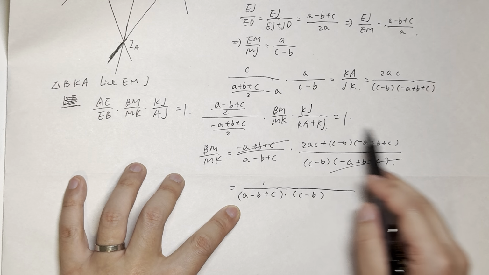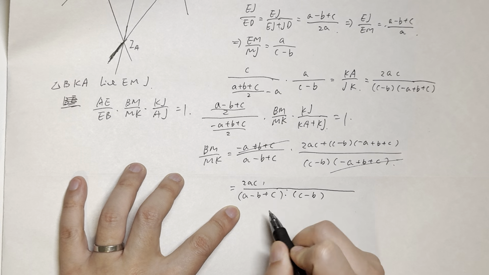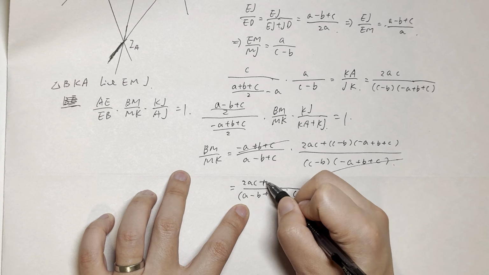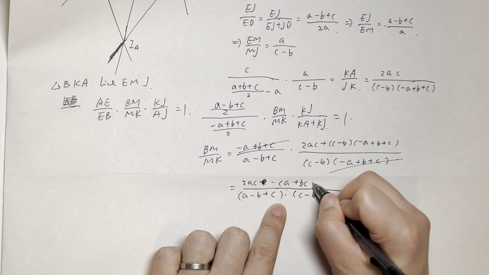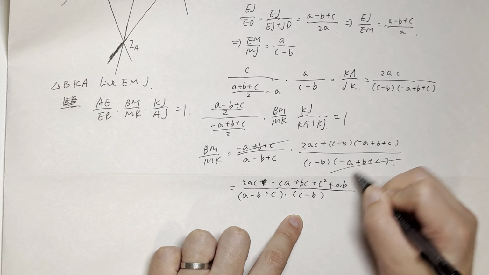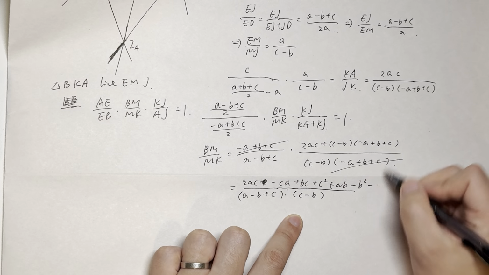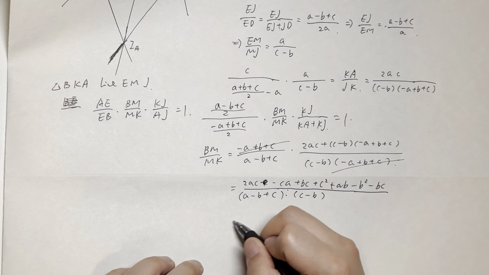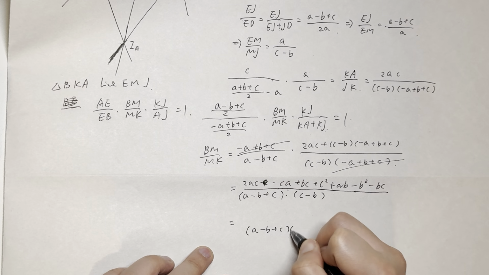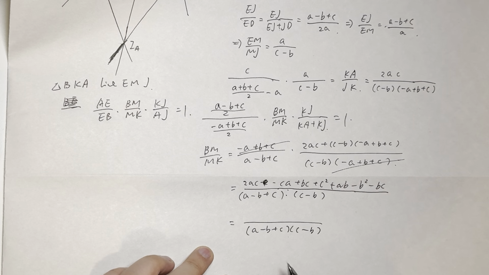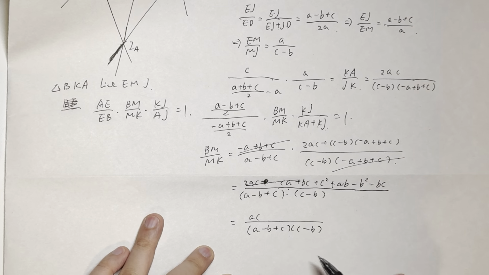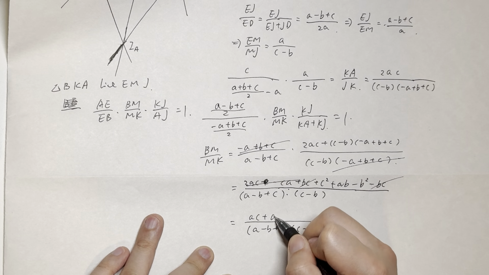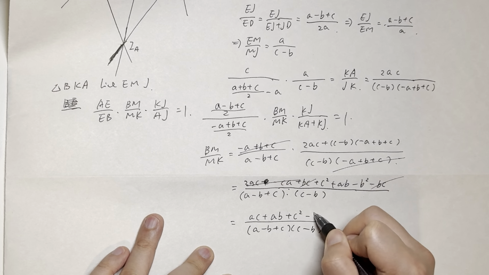right? And expand this one, so we have 2AC, or actually minus CA here, and plus BC plus C squared minus AB minus B squared minus BC, right? So it equals A minus B plus C, C minus B, and on the top 2AC minus CA, that is AC, and BC cancels BC here, so the rest we just write down, C squared minus B squared.